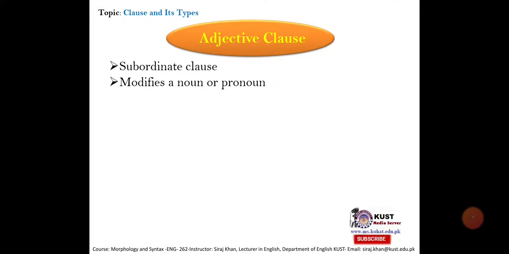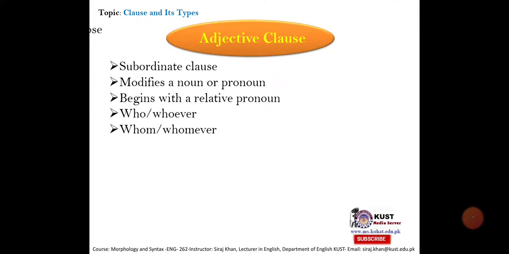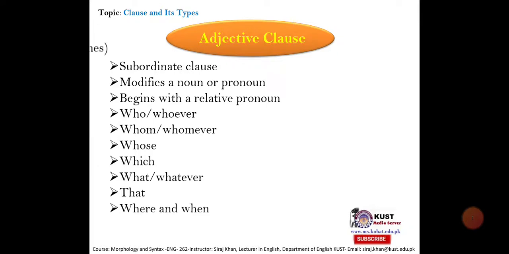An adjective clause mostly starts with relative pronouns such as that, who, whom, whose, or which. These are relative pronouns that give us an adjective clause. It modifies a noun or pronoun, and begins with a relative pronoun like who, whoever, whom, or whomever, whose, which, whatever, what, that, where, and when, or sometimes.